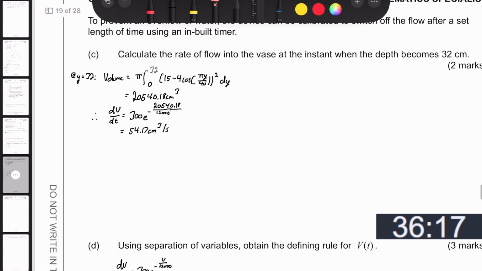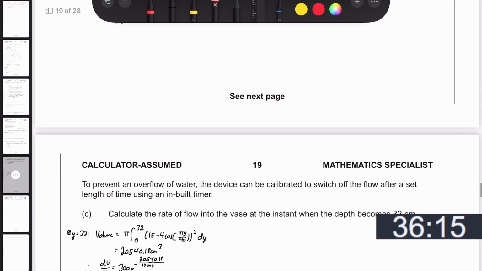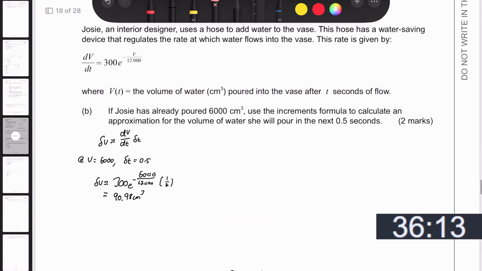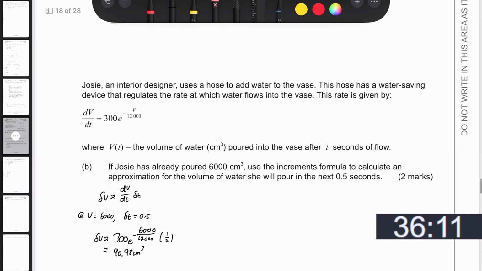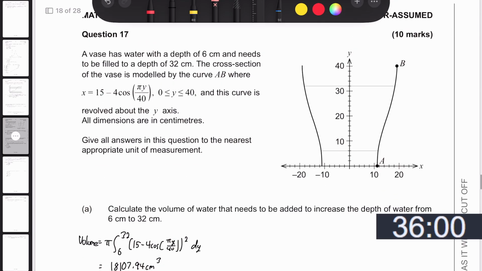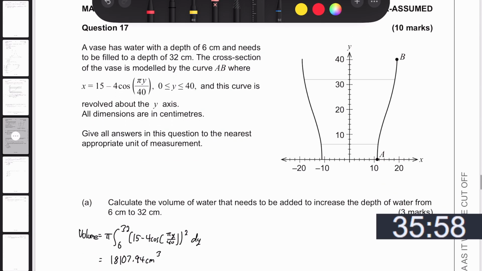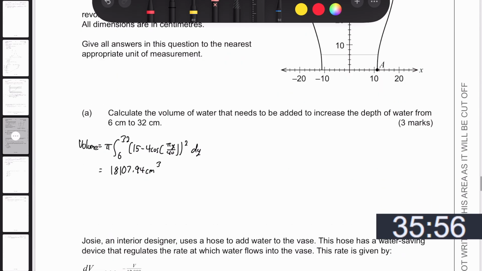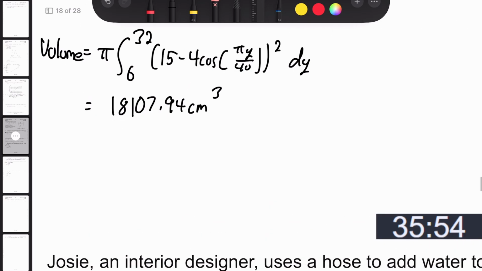And then let's see, do I have an initial volume? So is V of 0 18,000?